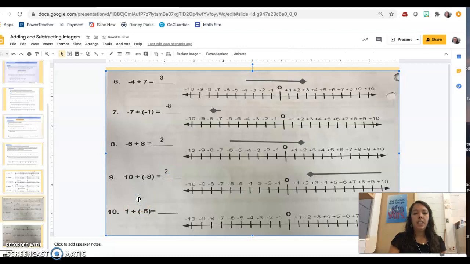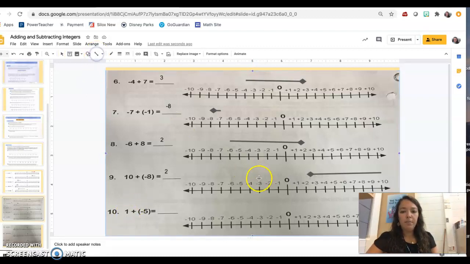Okay, last one of these, and then I'm going to have you do some on your own. I'm going to pause the video, and I want you to pause the video and see if you can do them by yourself, and then I'll show you the answers afterwards. So we have positive 1, so we're going to start at positive 1. We're going to add a negative 5. When you add a negative, we go left. So we're starting at positive 1, and we're going left 5. 1, 2, 3, 4, 5.